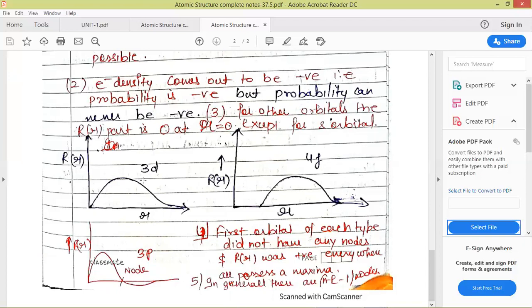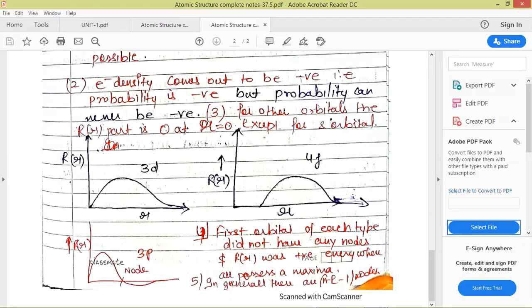If n is equal to 2, let us see if 2d exists or not. For 2d, the value of n is 2, and for d, the value of L should be 2. But for a given value of n, the possible values of L should be 0 to n minus 1. This we have already discussed. So for n equal to 2, L can have the values of 0 and 1, not 2.